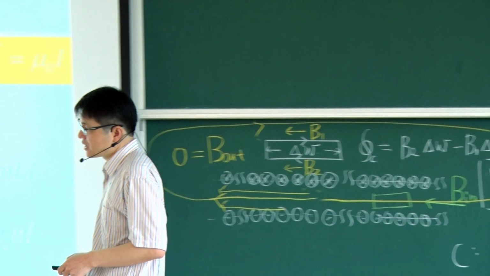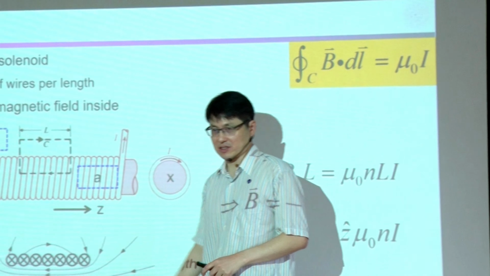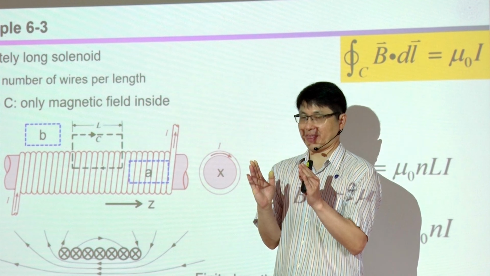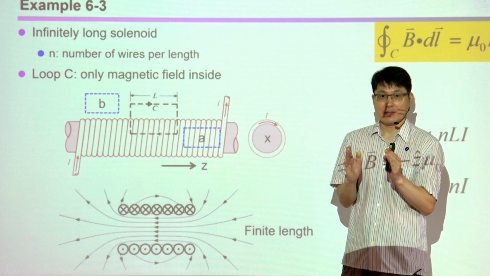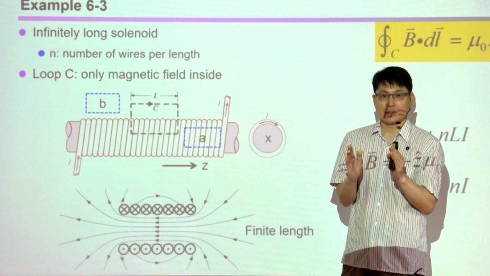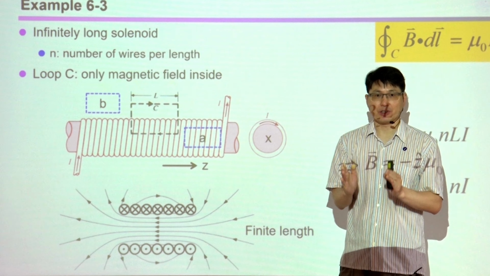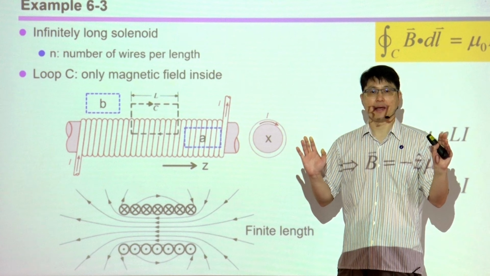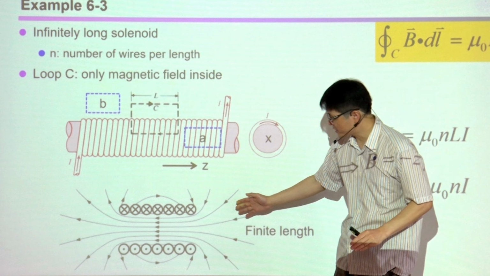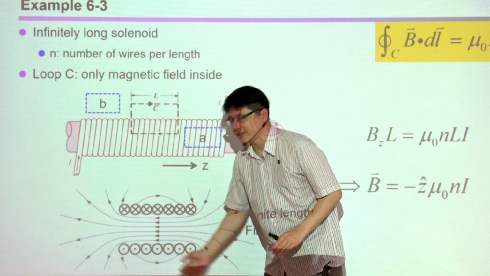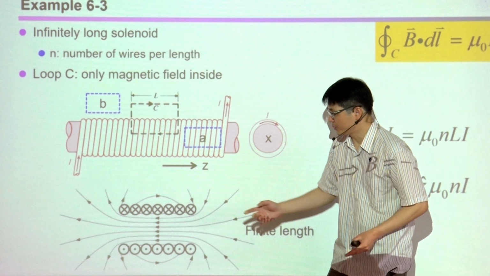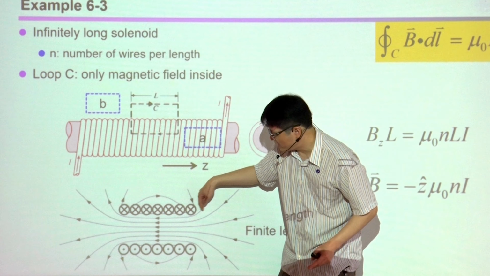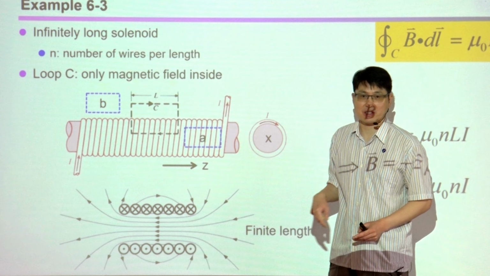What I want to show you is, in practice, if you have a finite length of solenoid, don't ever think about using Ampere's circuital law to find the resulting B field strength. Because when your length is finite, all the fields close upon themselves.